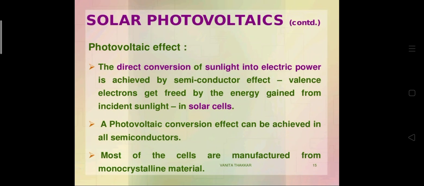Most of the cells are manufactured from monocrystalline material, that means only one crystal, silicon crystal material, which is most used nowadays. So what is a solar cell? A solar cell uses the photovoltaic effect to convert solar energy into electrical energy.